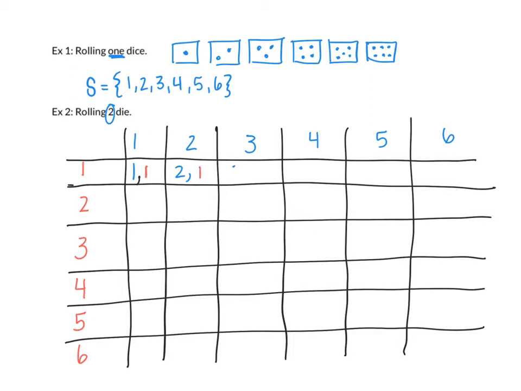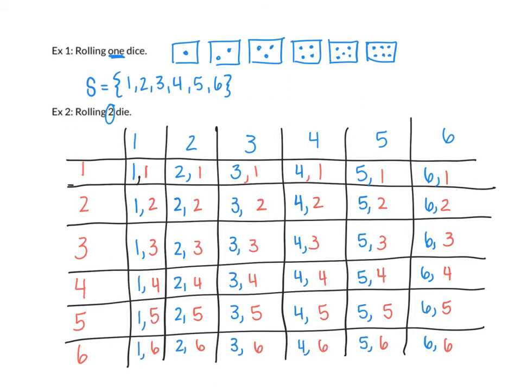This one would be a 3 on the blue die, a 1 on the red die, a 4 and a 1, a 5 and a 1, or a 6 and a 1. So I'm going to go ahead and fill out the rest of this table to show all the possible outcomes, or the sample space of rolling 2 die.